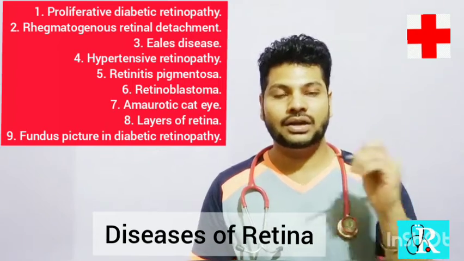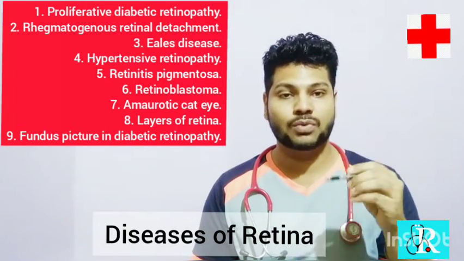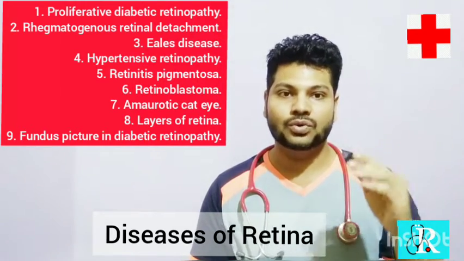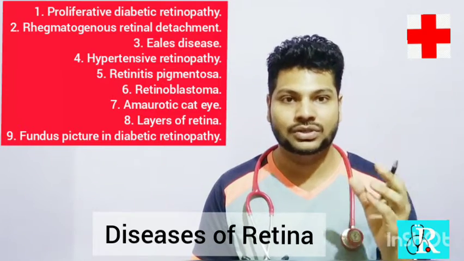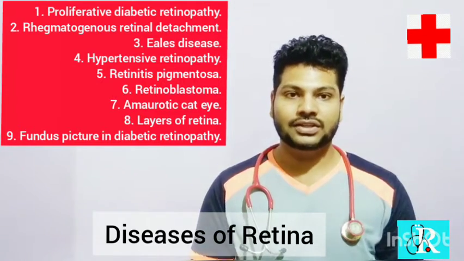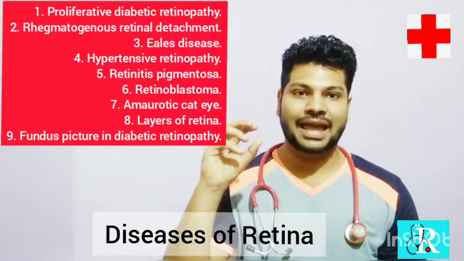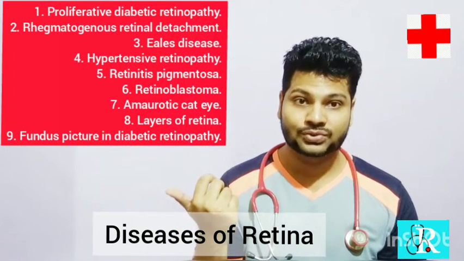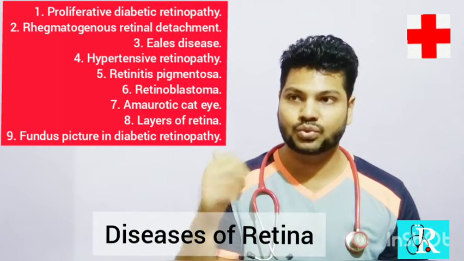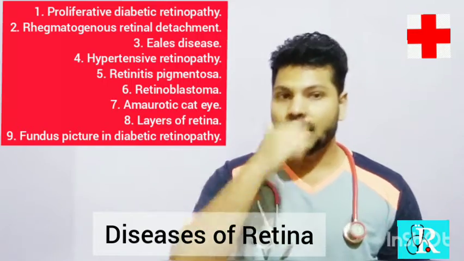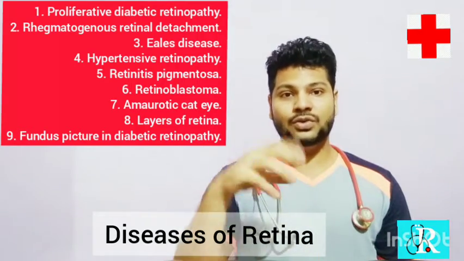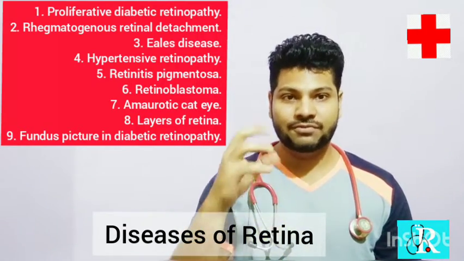So what are the consequences of proliferative diabetic retinopathy? The person goes blind. There is hemorrhage in the retinal blood vessels. There is neovascularization, small tiny new blood vessels, capillaries that are formed. What is the problem with neovascularization? The newly formed blood vessels are very weak, very thin.